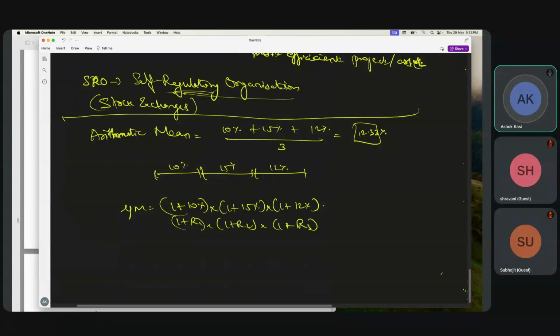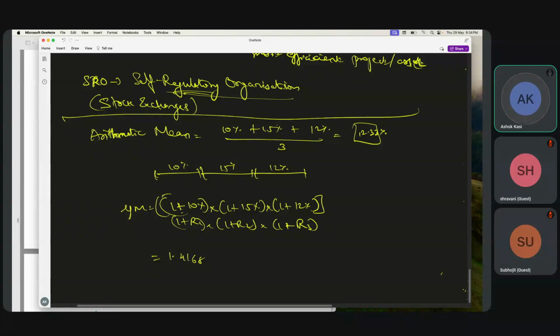This is for 3 years, so just multiply all this. It's 1.4168.